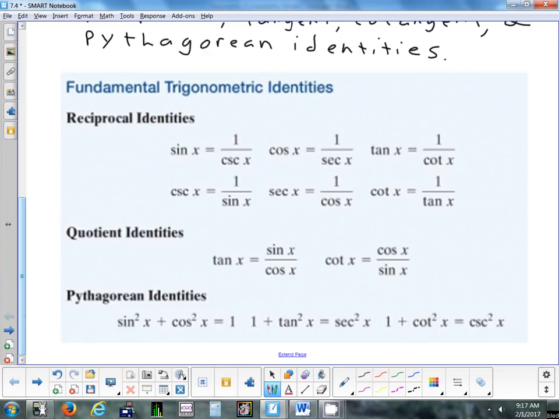But these are what we call the fundamental, the very basic trig identities. If you take calculus in the future or any kind of engineering, most calc books, if you flip right to the inside cover, either the front or the back, have all of these and tons more identities.